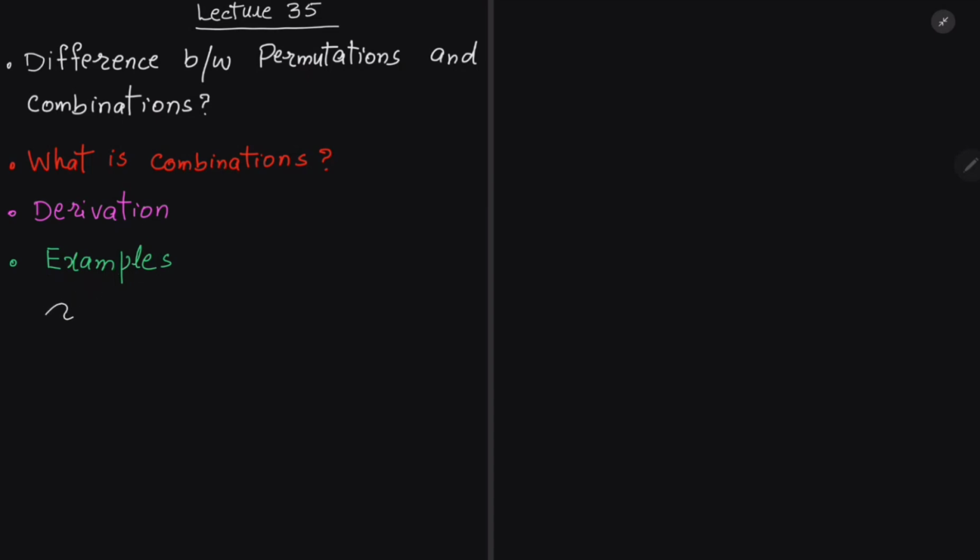So first of all, what is permutations? I will not talk about the detailed definition, but only the difference between the two. Permutations is something where order matters.